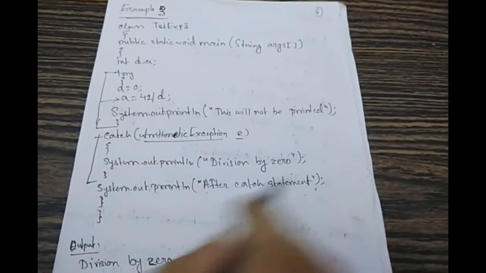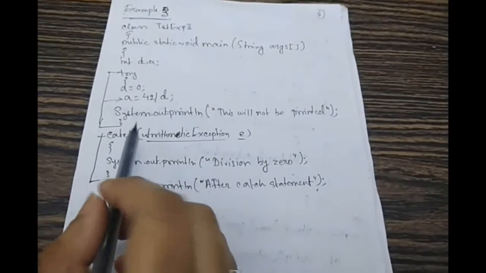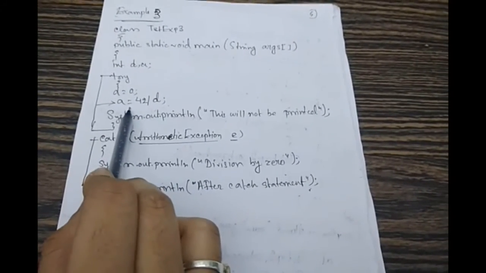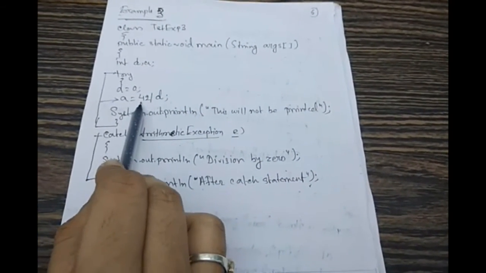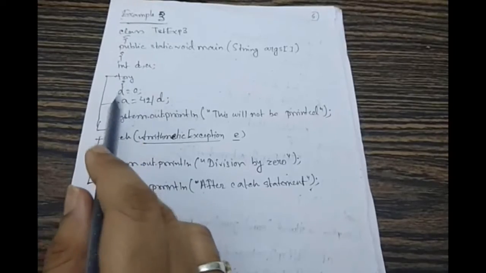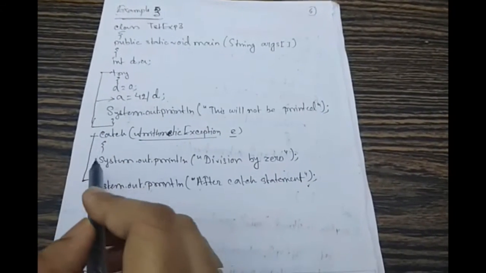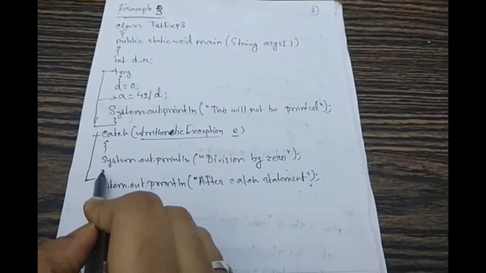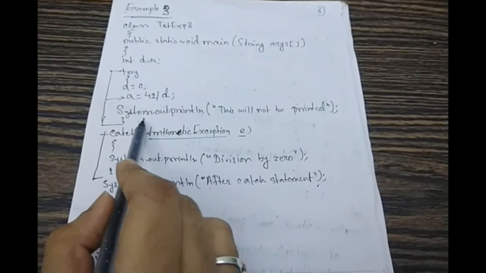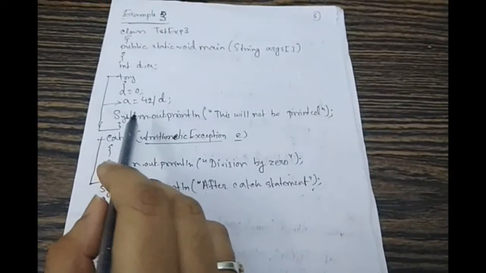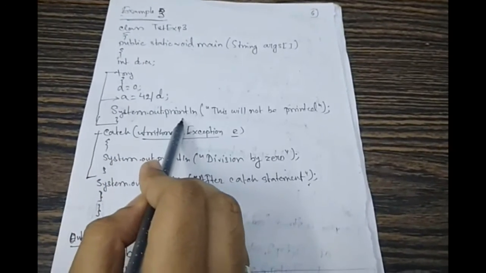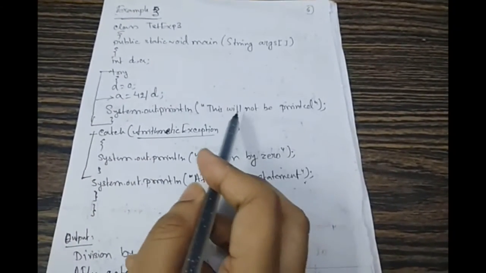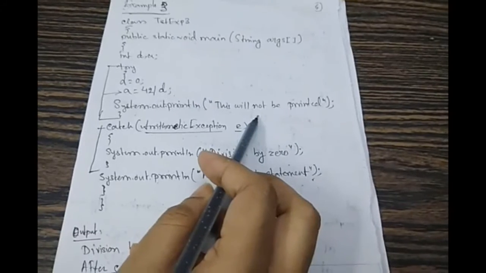So here one interesting fact is there. Whenever there is an exception in the try block, the control jumps to the catch block without executing the next line. So if we write right after the exception system.out.println and some message, it will not be printed in the output.